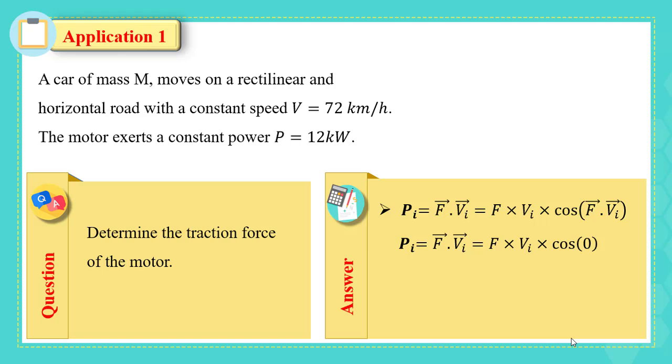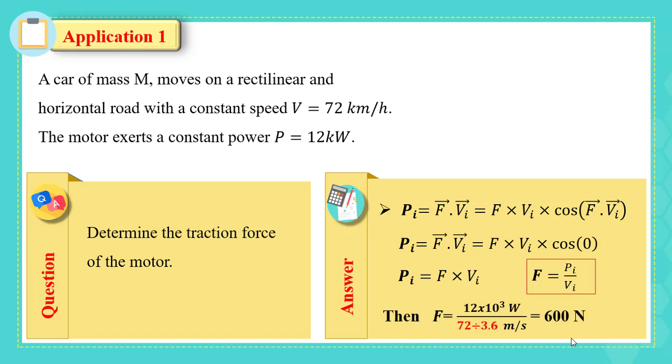The motor exerts a motive force, so F and v are parallel with the same direction and the angle is 0. Then P equals F times v constant, so F equals the power over the speed. Finally, F equals 12 times 10 to the power 3 watts over 72 divided by 3.6 meters per second.